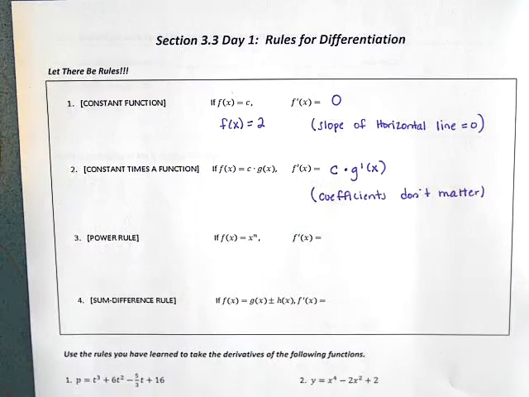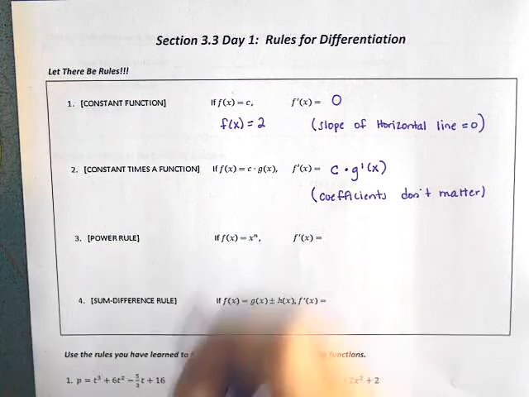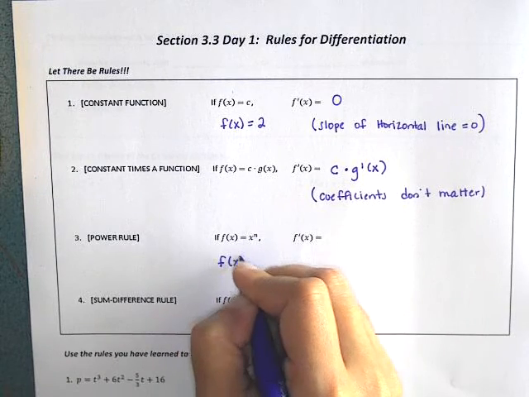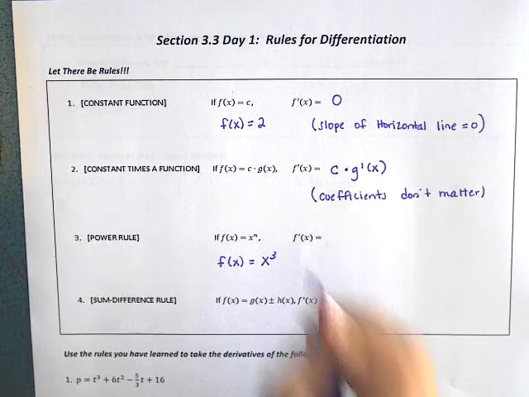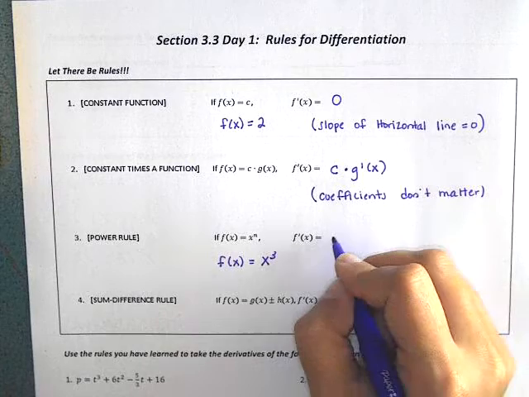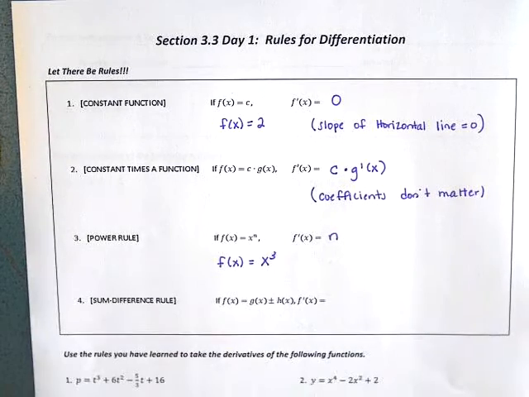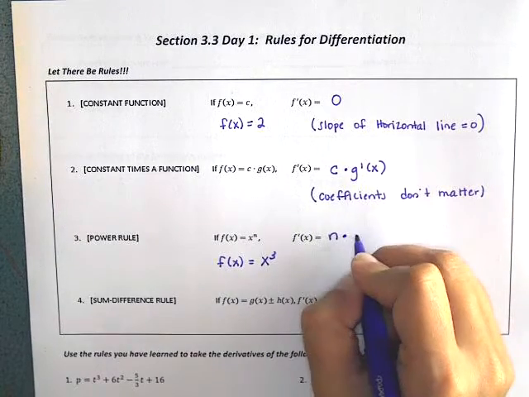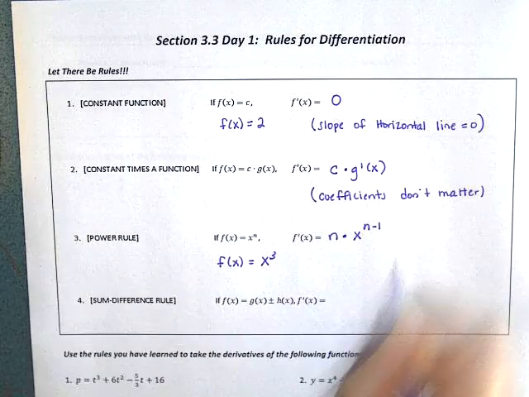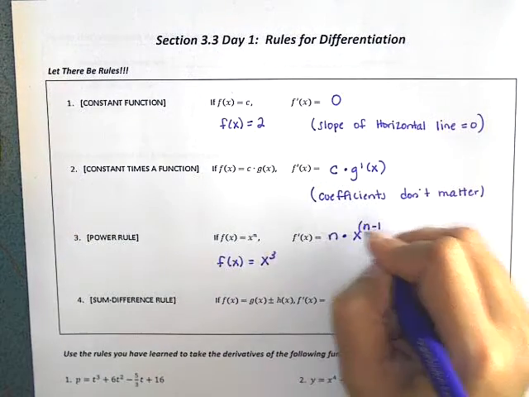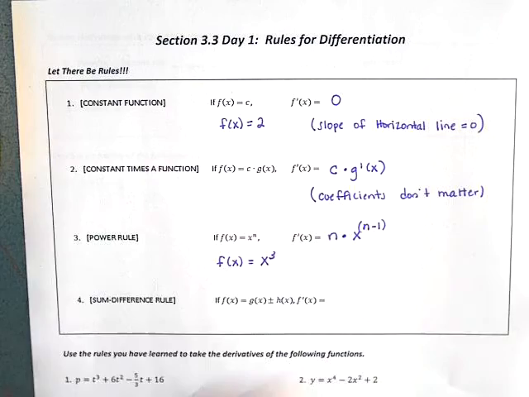Now, I will tell you this next rule is very, very important. If you ever have a function that has an exponent, then to find the derivative, you drop down the exponent and then you decrease it by 1. So the new exponent is just 1 lower than it was before.